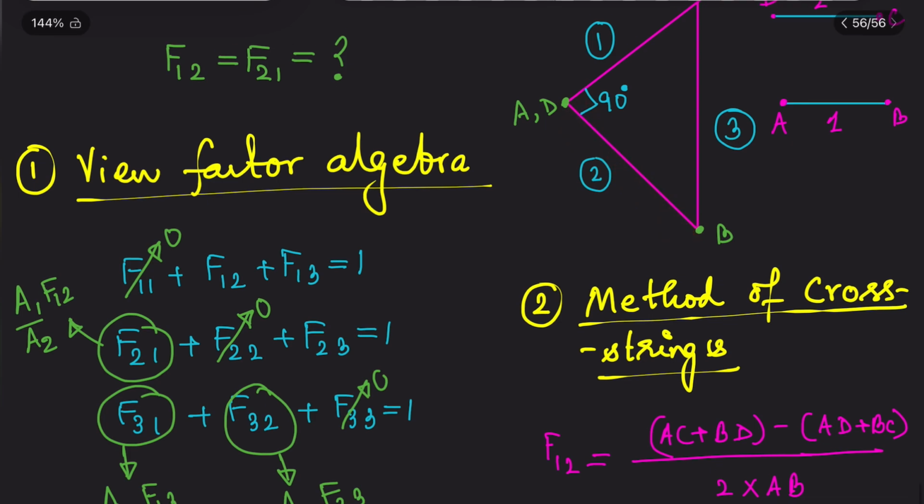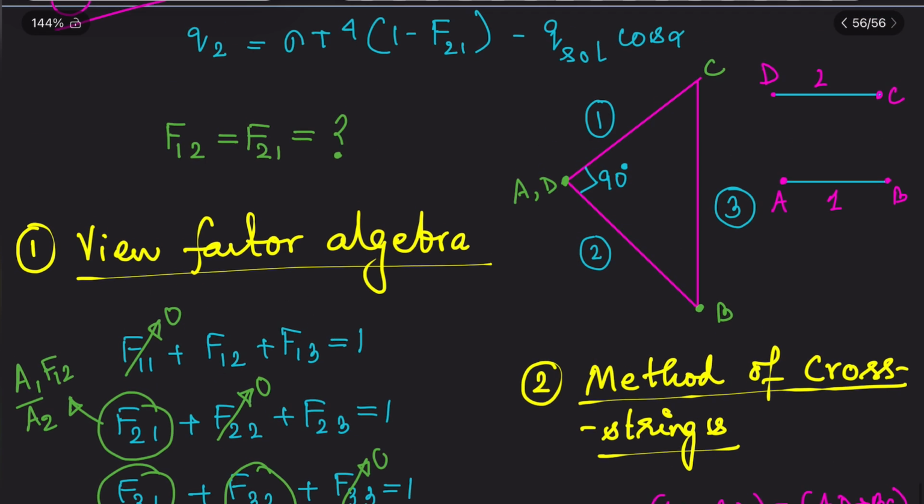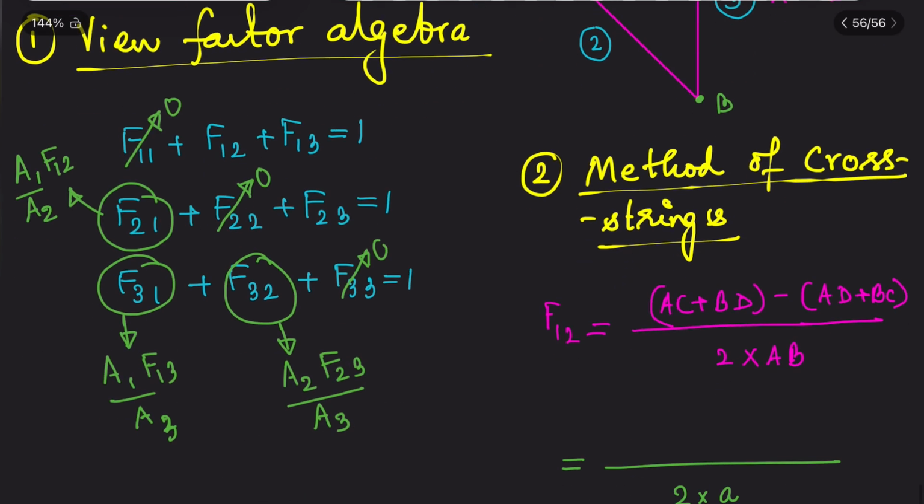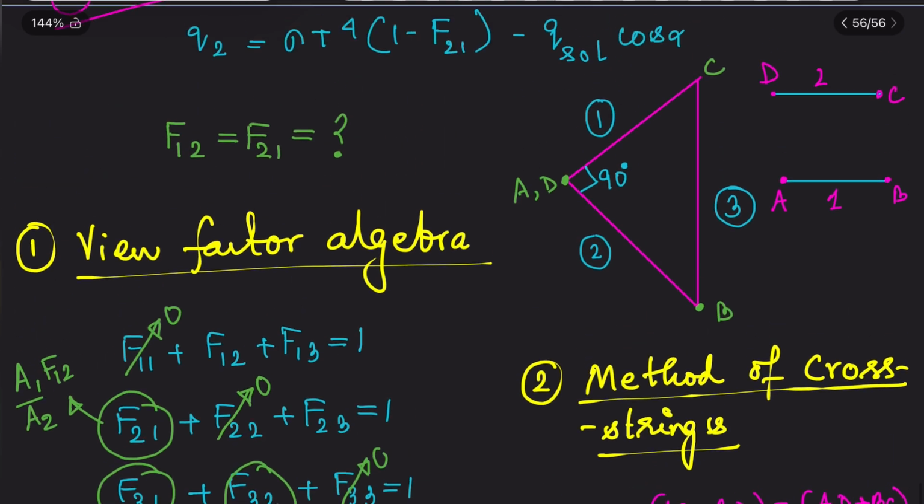This is 2 into A. Now AC plus BD, AC is this, BD is this, so 2 into A. So 2 into A minus AD plus BC. AD is 0. Now what is BC? BC is this one.